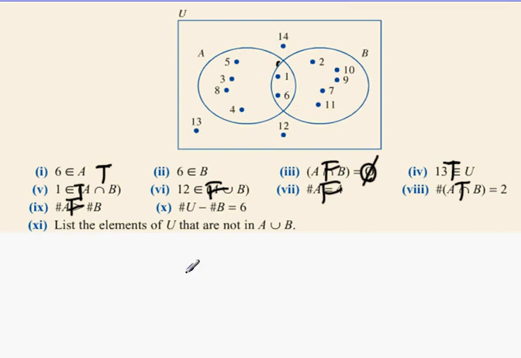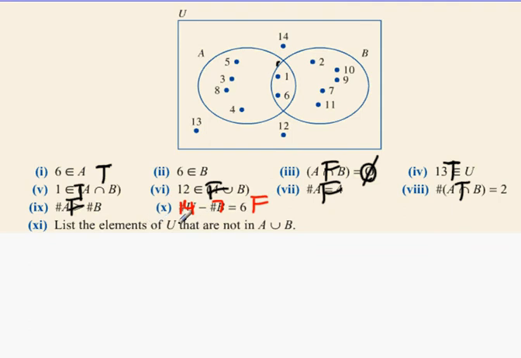There's 7 numbers inside of B. How many numbers are inside U? 14. Is there? 1, 2, 3, 4, 5, 6, 7, 8, 9, 10, 11, 12, 13, 14. So 14 minus 7 is? Not 6, so it's false.